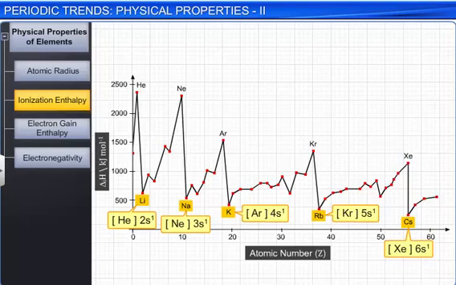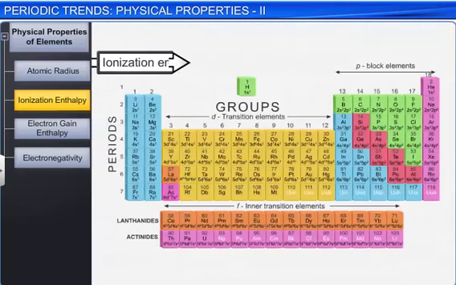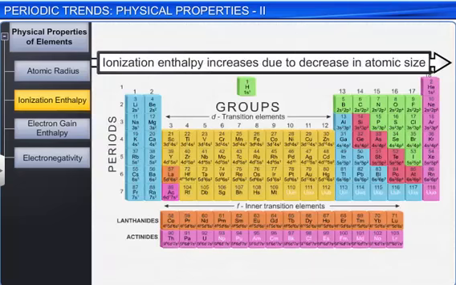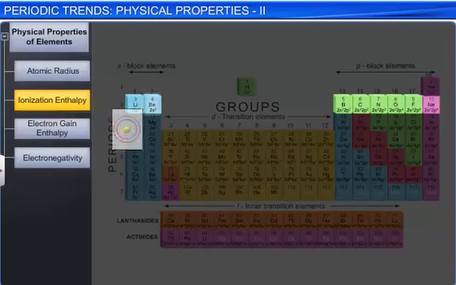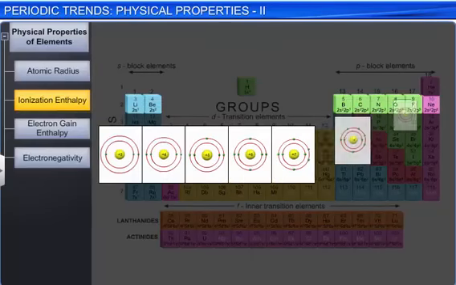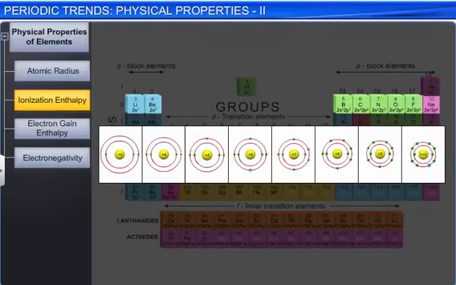The ionization enthalpy generally increases across a period because of the decrease in atomic size. In general, as we move from left to right in a period, successive electrons are added to the same shell. As a result of this, the nuclear charge increases while the shielding effect remains almost the same.